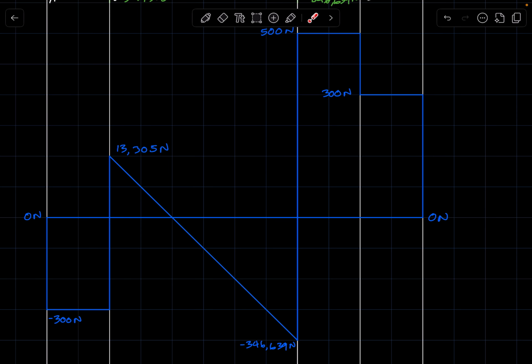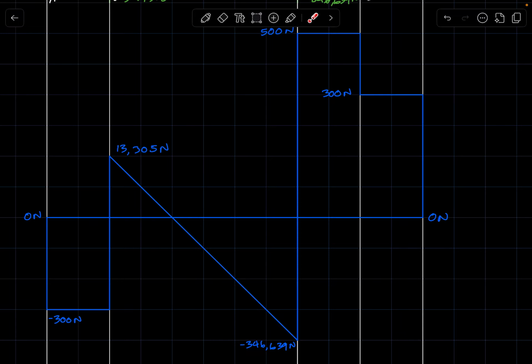So points on the shear force diagram where the shear force is equal to 0 are the possible points where the beam is experiencing the most bending. So it could be this point, this point, this point. Those 3 points.